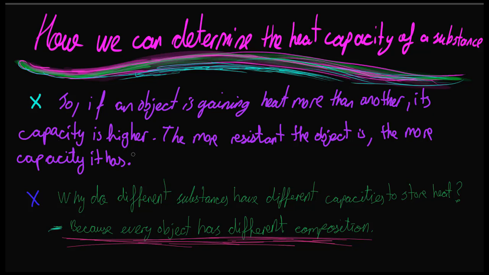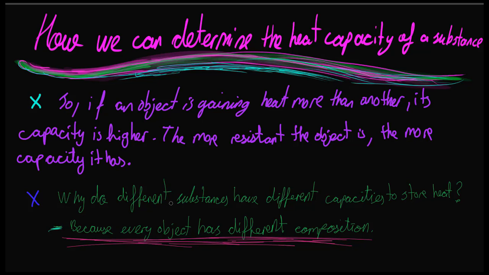So, if we give 30 joules to an object and 15 joules to another object for increasing its temperature by 1 gram, the one with 30 joules has the higher heat capacity because of its joules. So, the more resistant the object is, the more capacity it has.